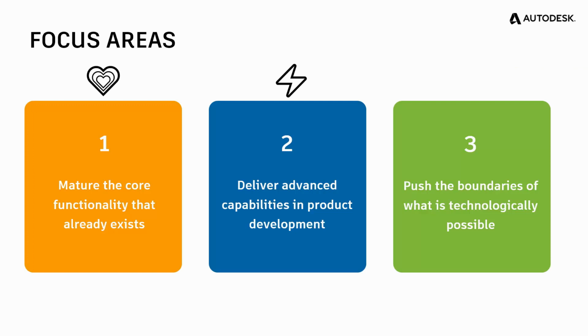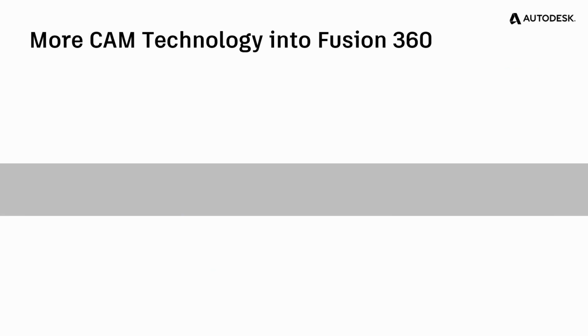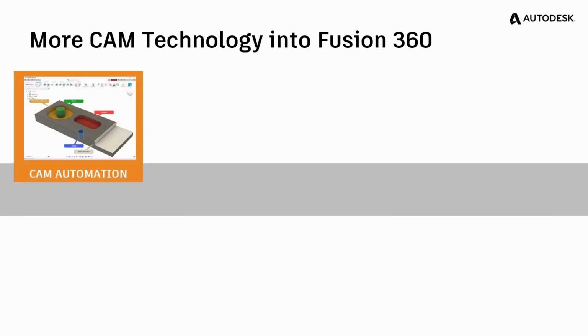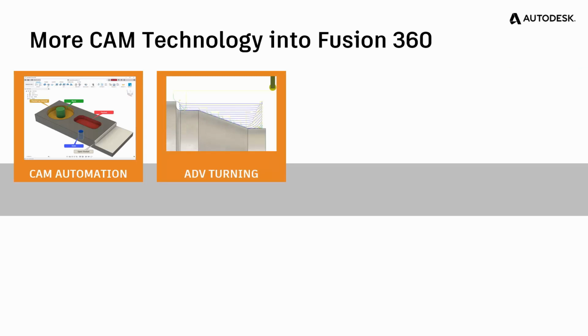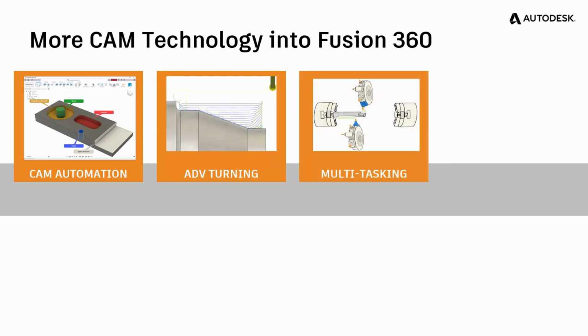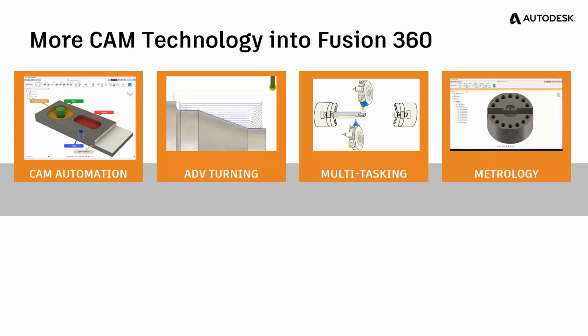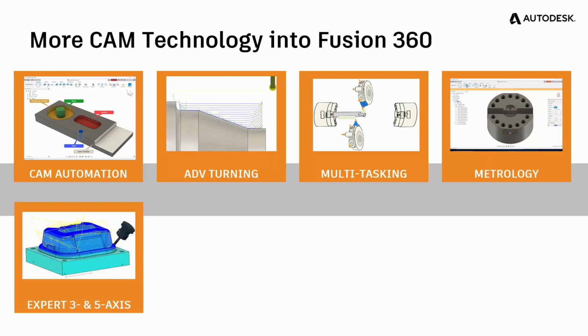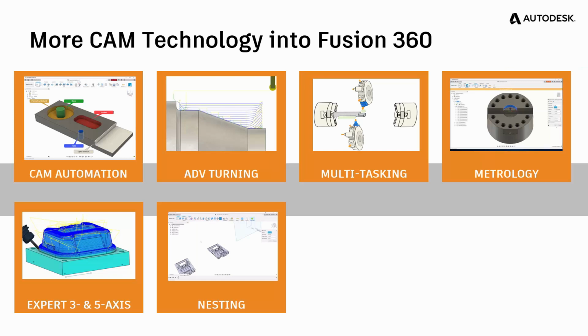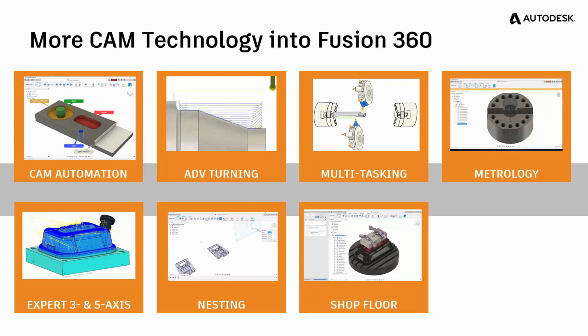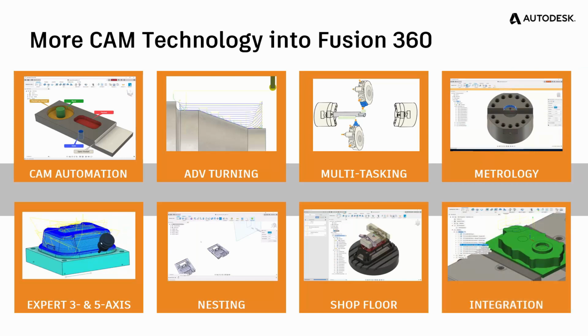And so whether it be CAM automation from FeatureCAM, advanced turning functionality and multitasking from PartMaker, metrology and reporting functionality that originated from PowerInspect, expert 3 and 5 axis CAM capabilities inspired by PowerMill, fabrication and nesting functionality that originated from our TeachNX products, shop floor management tools that are inspired by our Fusion production tools, or better integrated CAD and CAM tools inspired by Fusion 360 and Inventor.